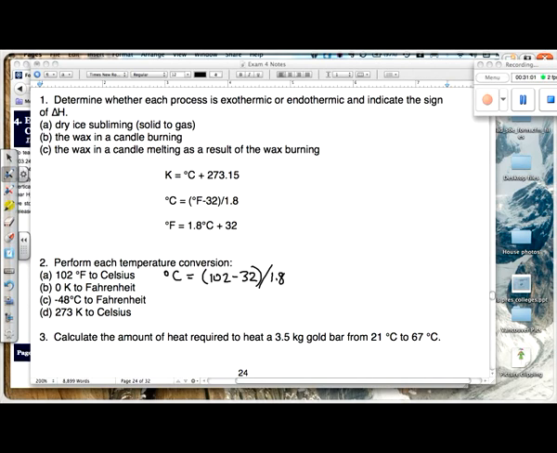Putting that in on my calculator, and I get 38.9 as my Celsius temperature.